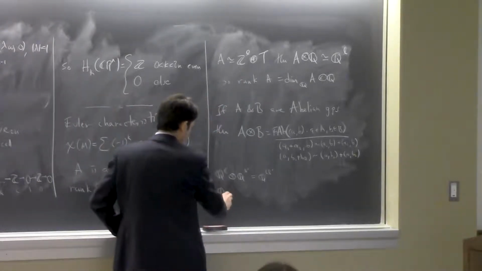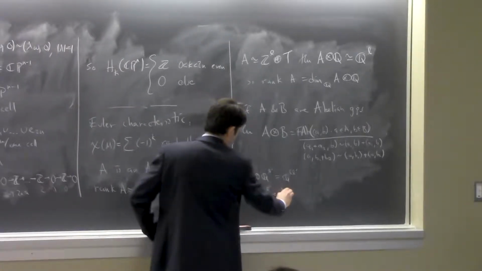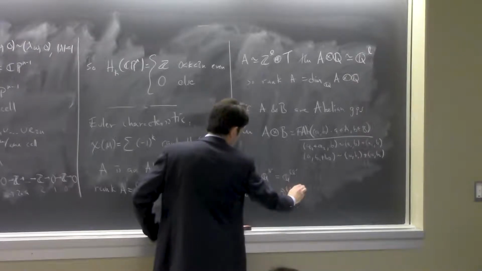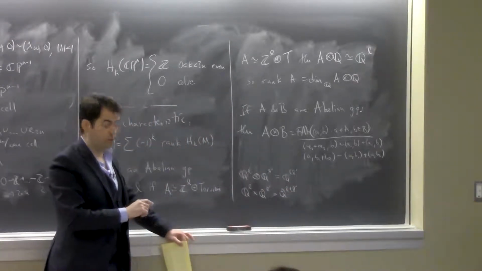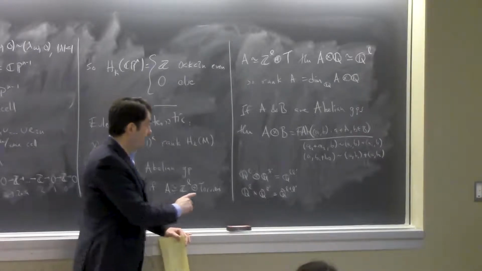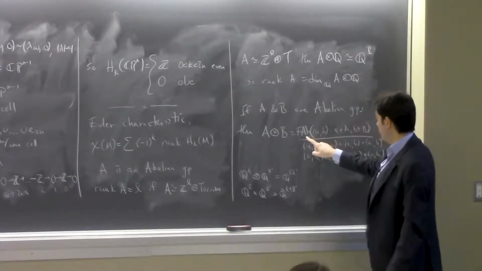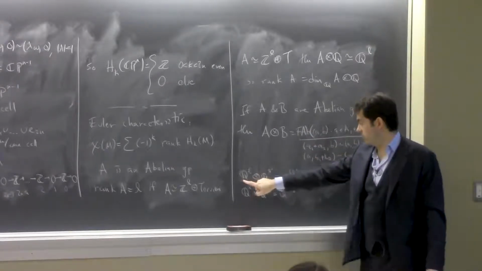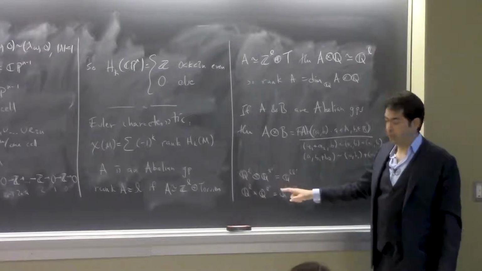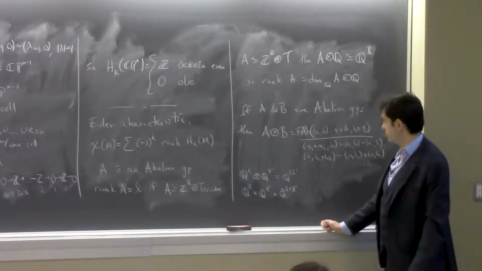Whereas if you do Q^L times Q^L', you get Q^(L+L'). From here you can see that you're just going to get as your basis elements the product of a basis here with a basis here. And so that's why the dimension is going to be the product.